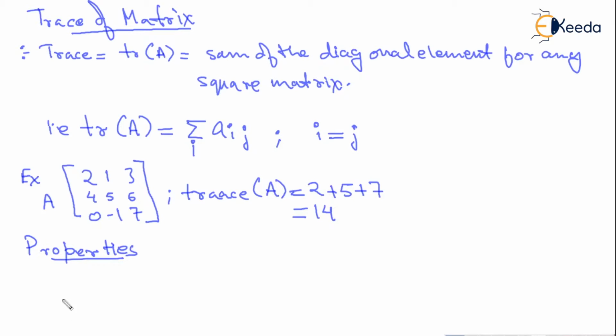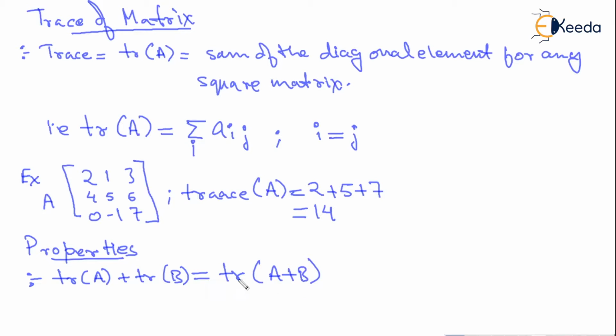The first property is, if we have two matrices for which we are finding the sum, obviously when the sum is defined, that means they have to be of the same dimension and obviously they have to be square matrices. We'll say that trace of A plus trace of B is going to be the same as trace of A plus B, right?